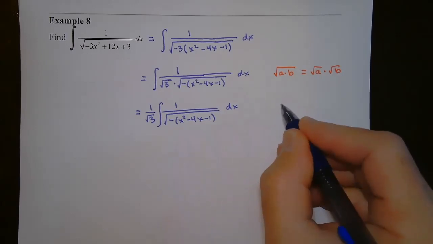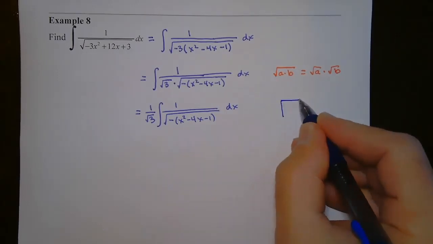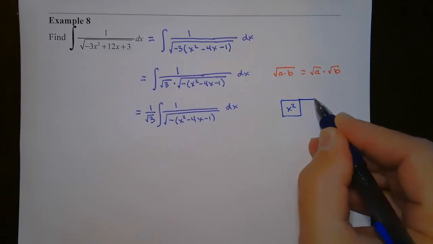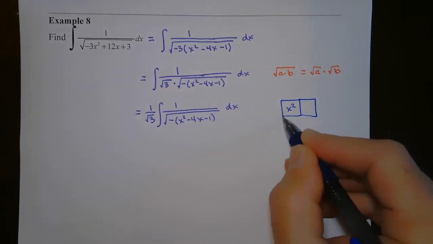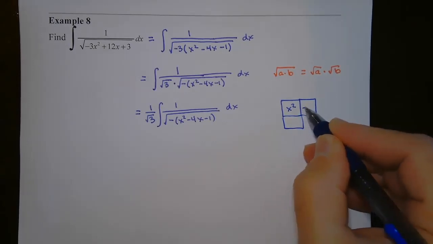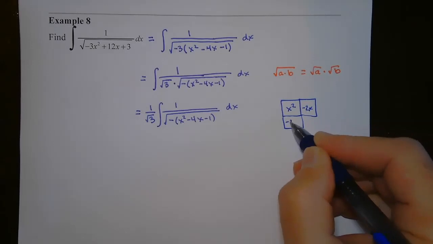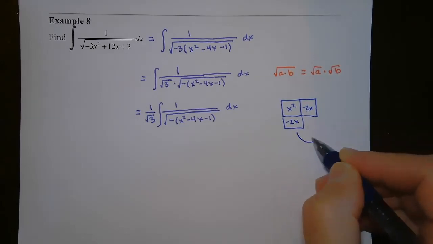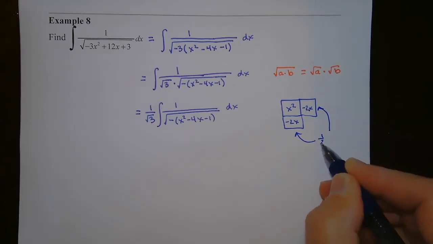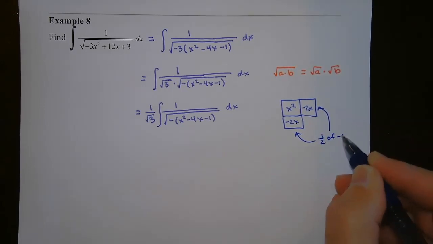So I have an x squared. Okay, and off to the side, I'm going to put half of my x terms in each of these. So half of negative 4x gives me negative 2x and negative 2x. Again, I'm doing half of negative 4x.